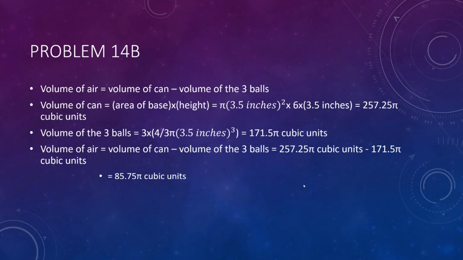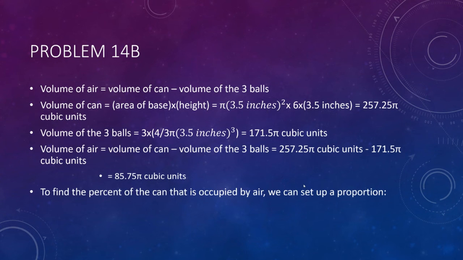On the last slide, I found the volume of the can. And now to figure out what percent of the can is occupied by the air, we can just set up a proportion. So I can do the volume of the air over the total volume of the can equals x over 100, right?